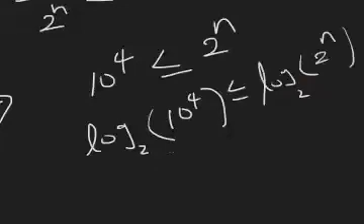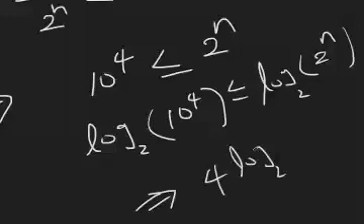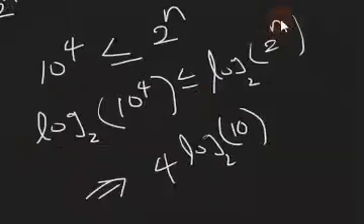This implies 4 times log base 2 of 10. You can take the power in front of the log, less than or equal to n times log base 2 of 2, which is 1.